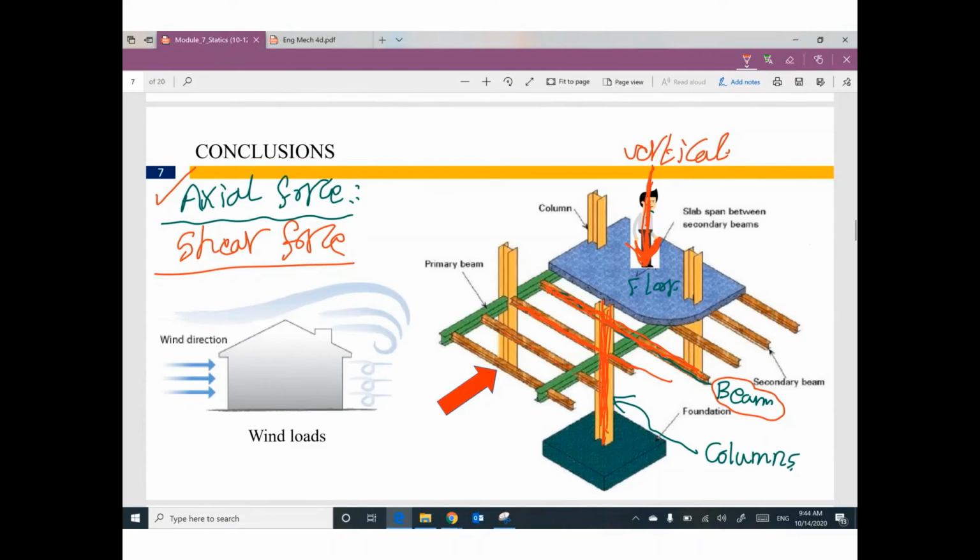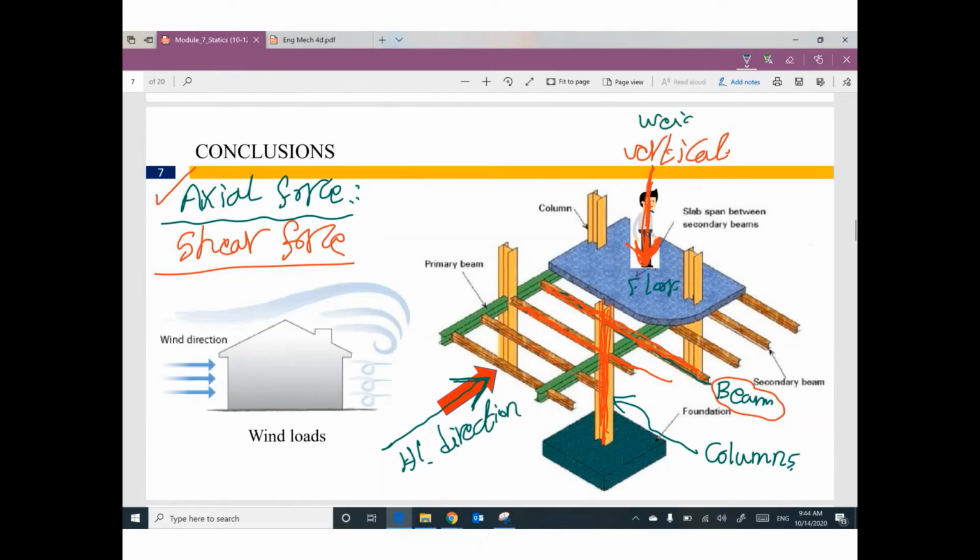Okay, I have a question. What will happen if my force is coming in this direction? I'm sorry, how can my force come in the horizontal direction? I can understand my load or my weight is a vertical one.